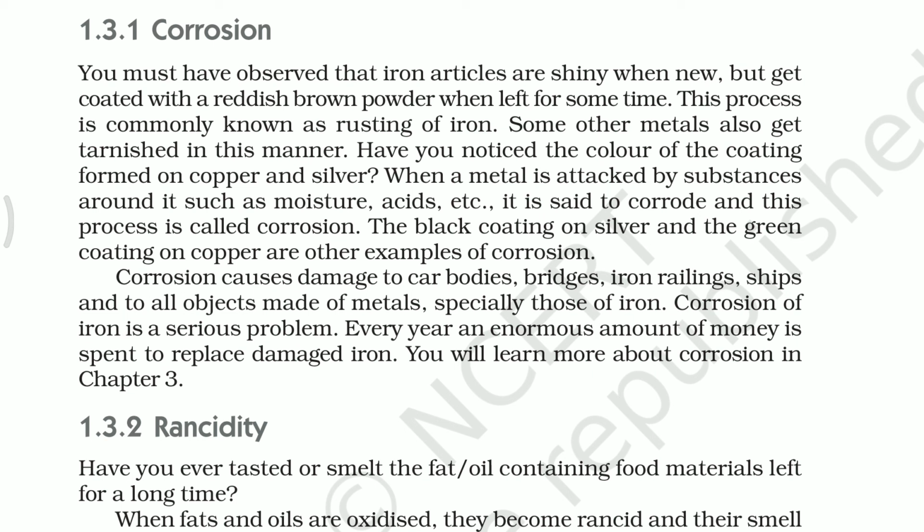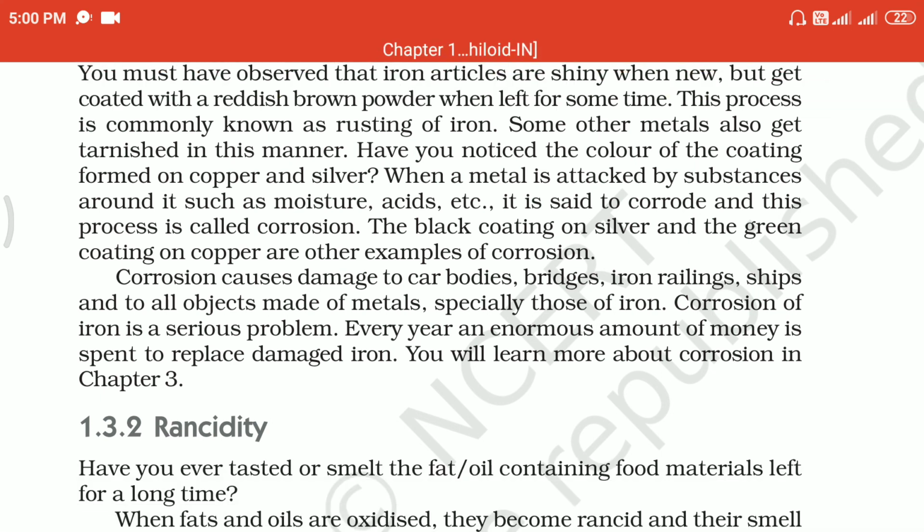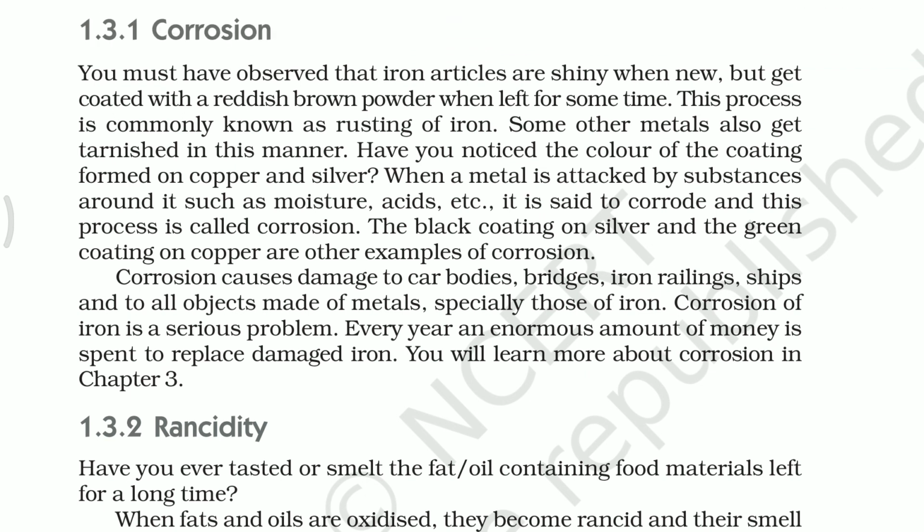This is due to the reaction of moisture and oxygen present in the atmosphere with iron, which makes it corrode. This reaction is called corrosion. In the case of iron, it is called rusting of iron.